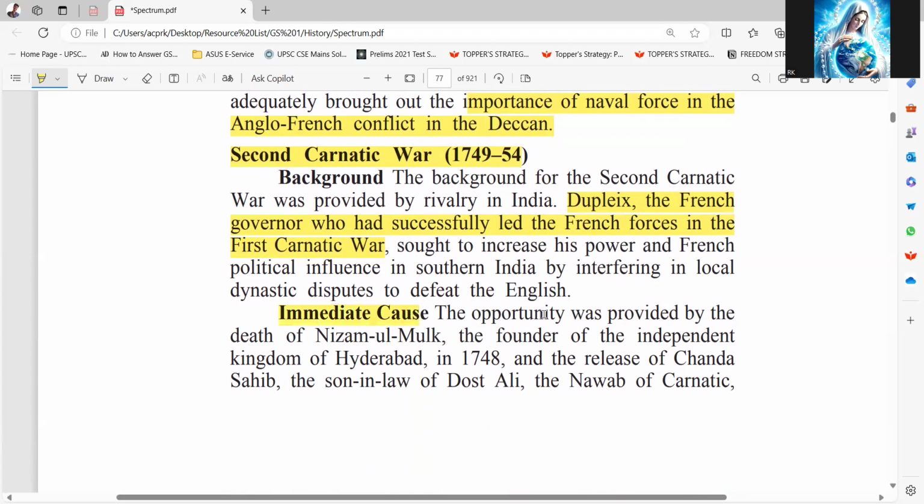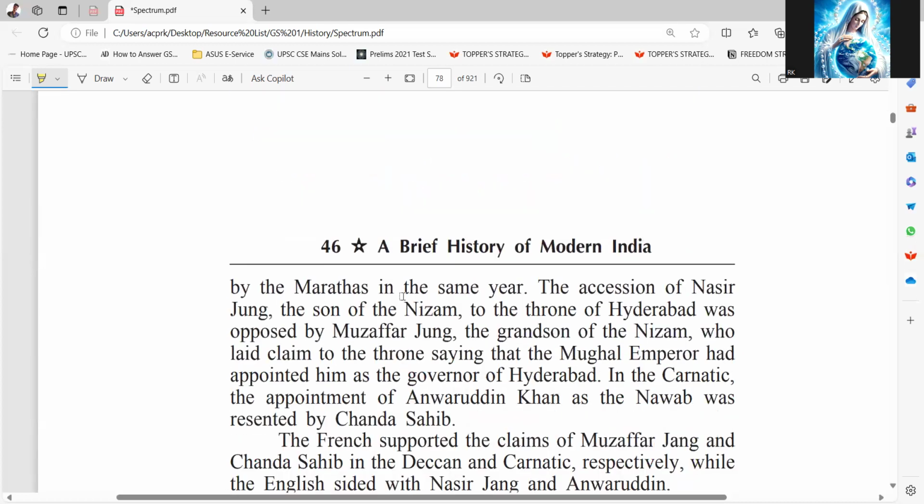Immediate cause: the opportunity was provided by the death of Nizamul Mulk, the founder of the independent kingdom of Hyderabad, in 1748, and the release of Chanda Sahib, the son-in-law of Dost Ali, the Nawab of Carnatic, by the Marathas in the same year.